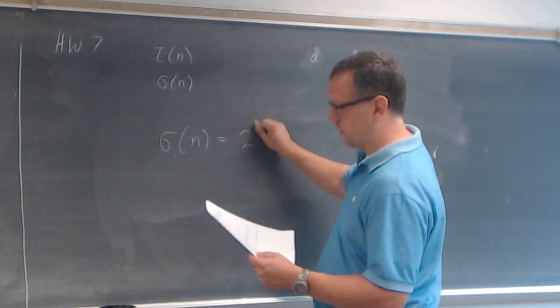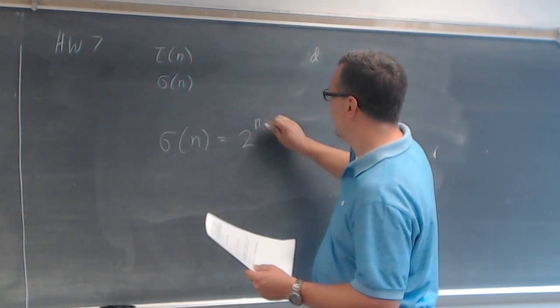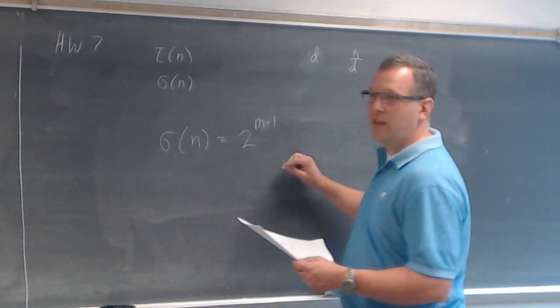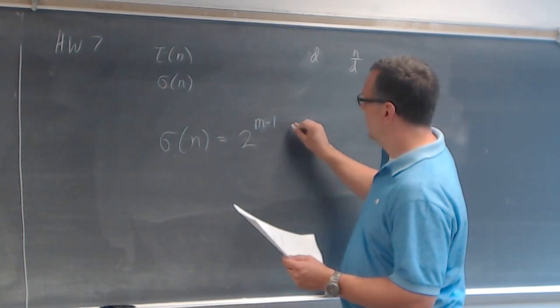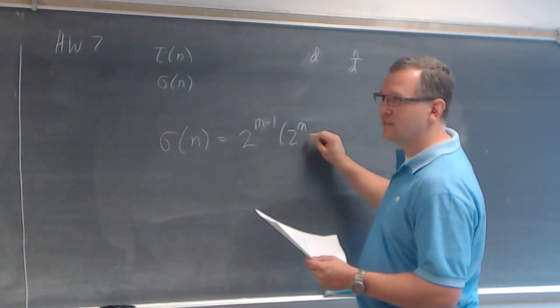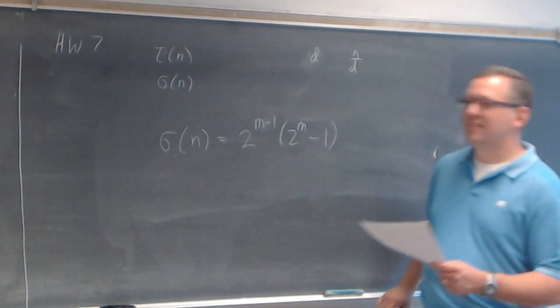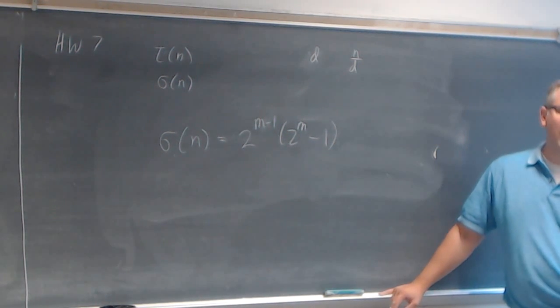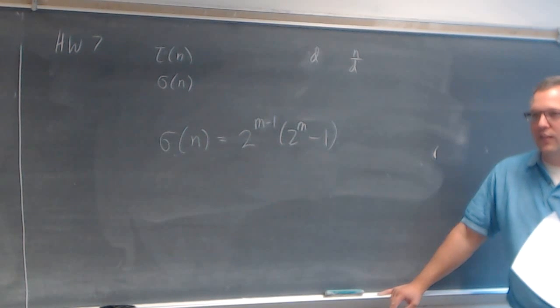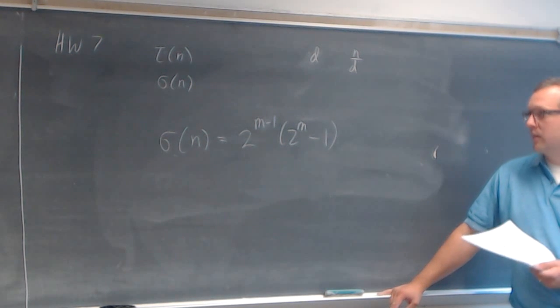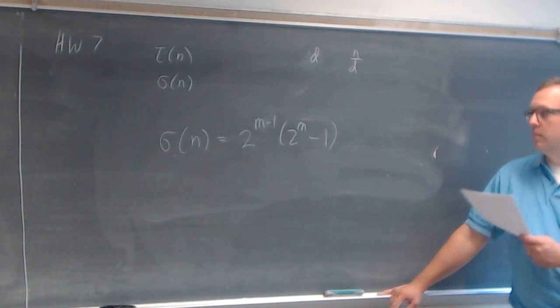I struggled with this when I was saying it, because I'd say 2 to the m minus 1, and then I'd say 2 to the m, and pause, minus 1. But if you look at a transcript of what I said, how could you tell the difference, right? It's 2 to the m minus 1 times 2 to the m minus 1.